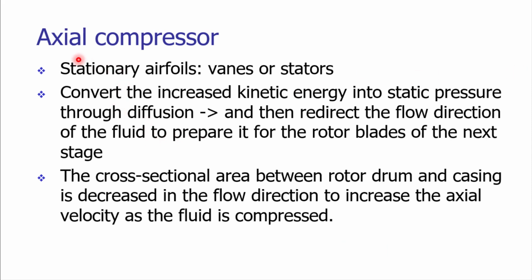So basically the axial compressors are converting the increased kinetic energy into static pressure through diffusion, and then they are redirecting the flow direction of the fluid to prepare it for the rotor blades of the next stages. The gap between a fixed row of impellers and the rotating row of impellers is called the stage.